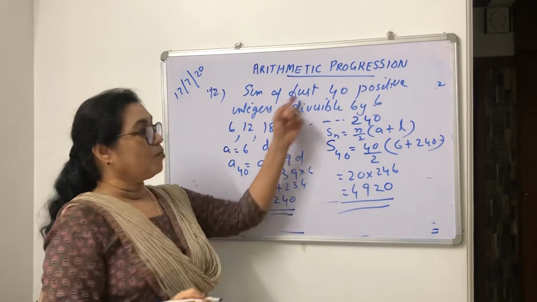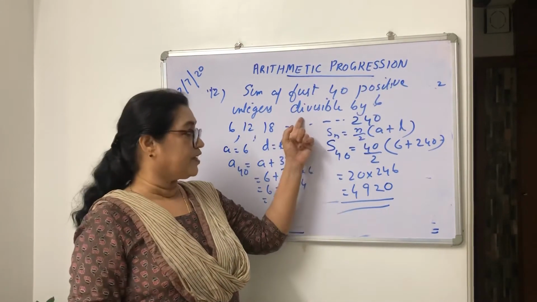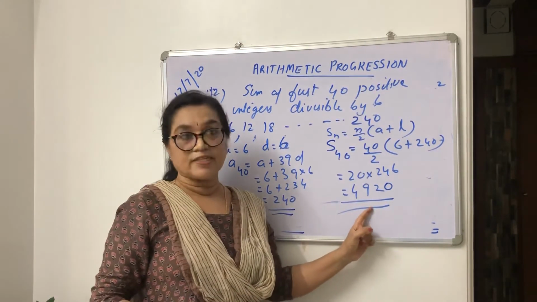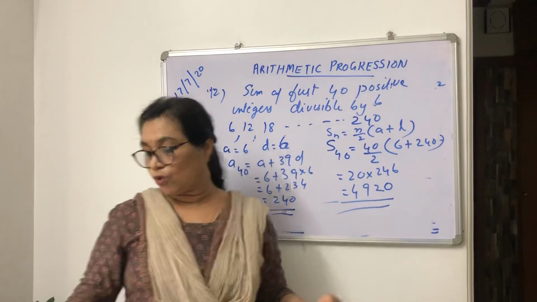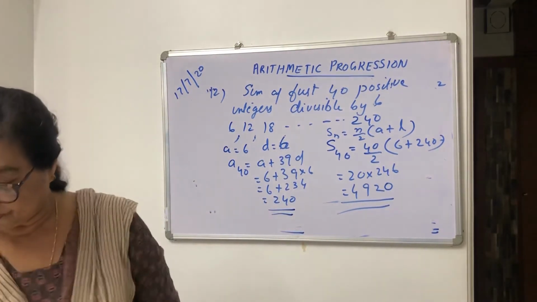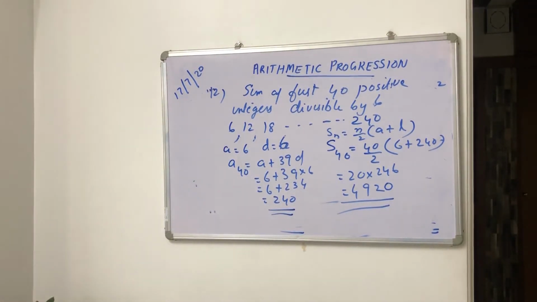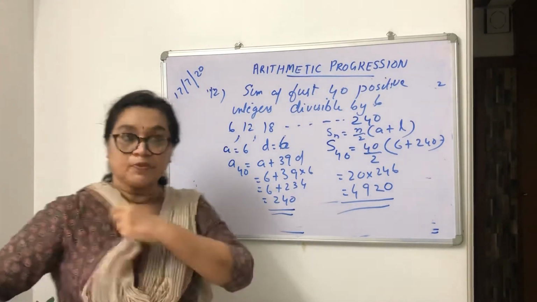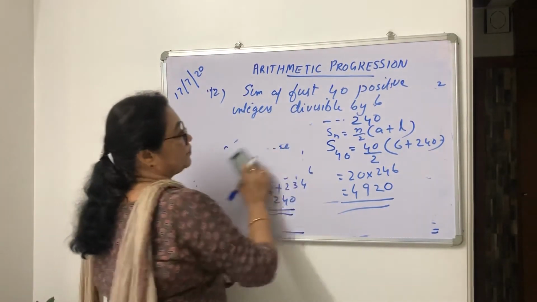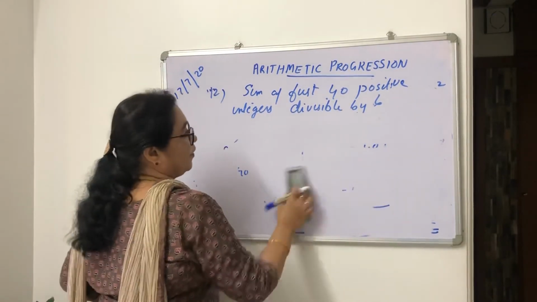So the sum of first 40 positive integers divisible by 6 is 4920. Next question.